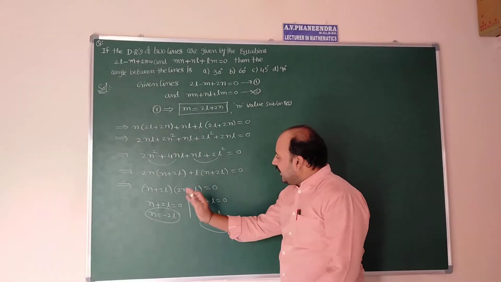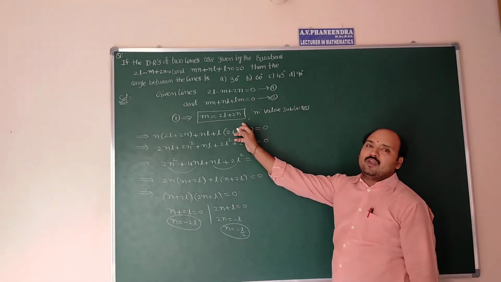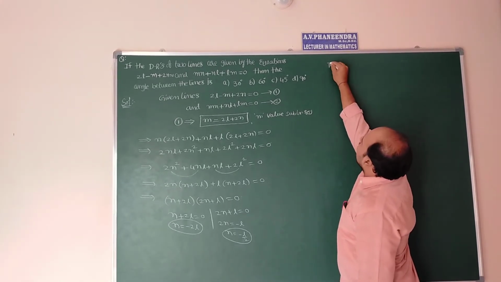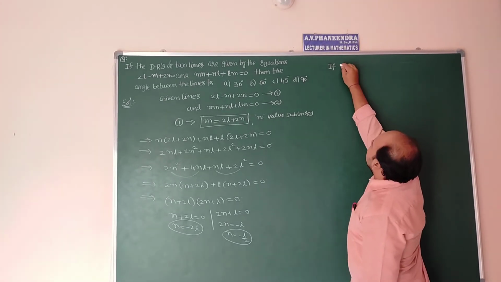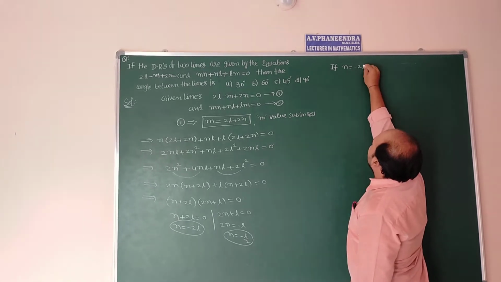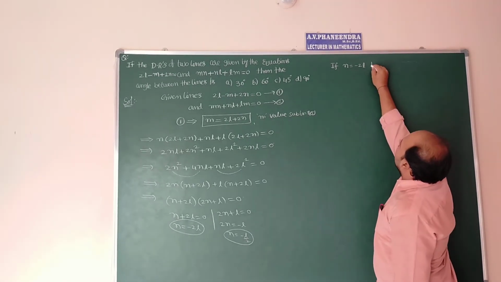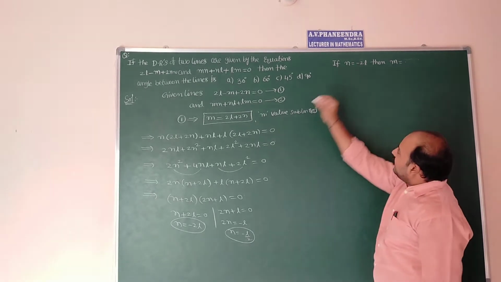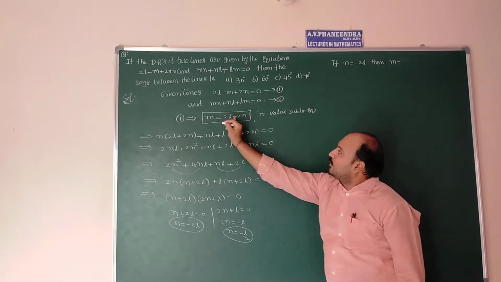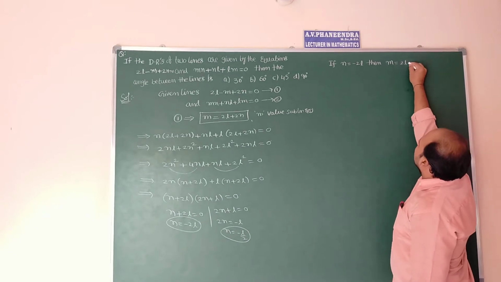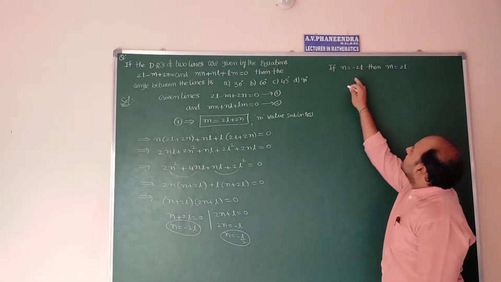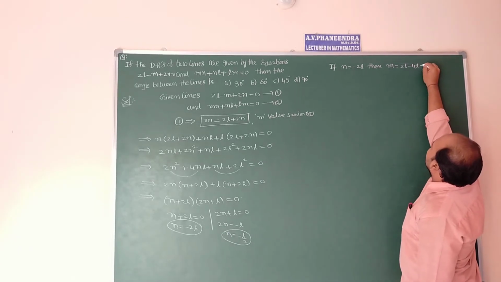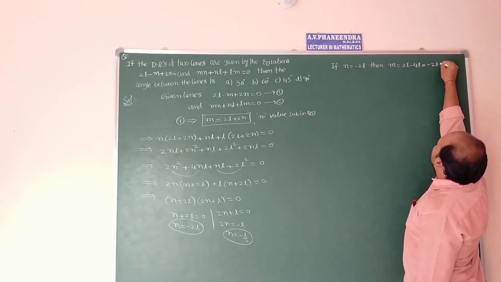After that, if N is equal to minus 2L, what about the M value? Like this also we can calculate. If N is equal to minus 2L, then M value is 2L plus 2N. 2N means 2 into minus 2L, minus 4L, so 2L minus 4L is equal to minus 2L.